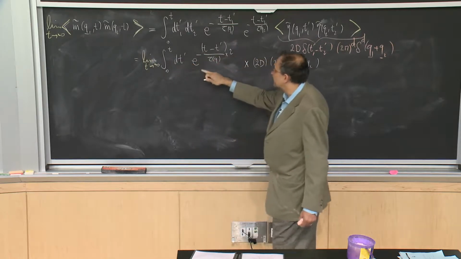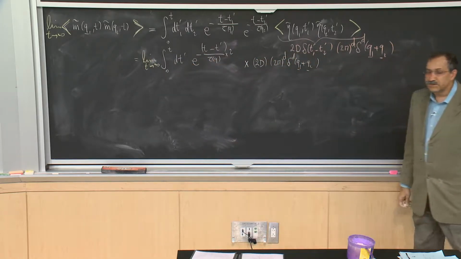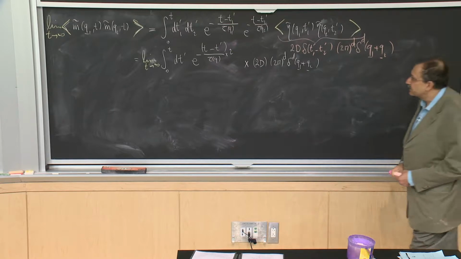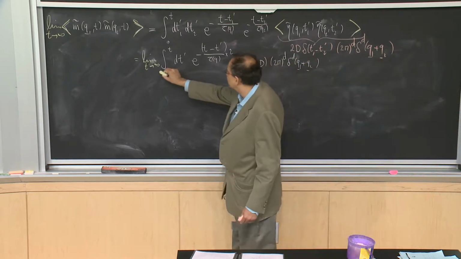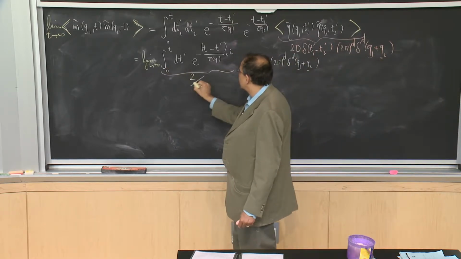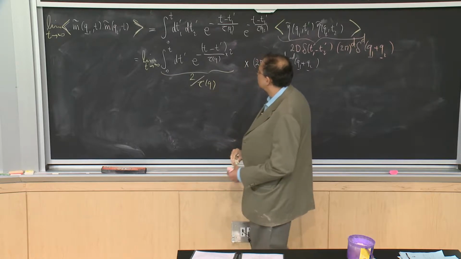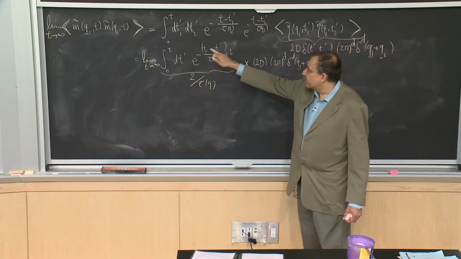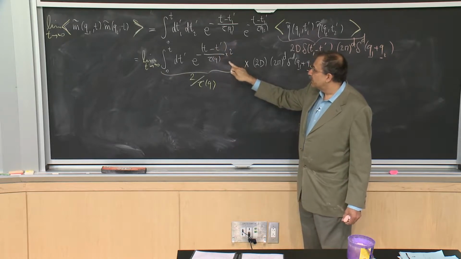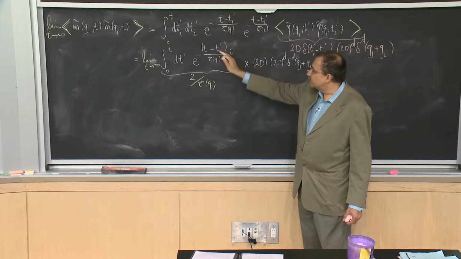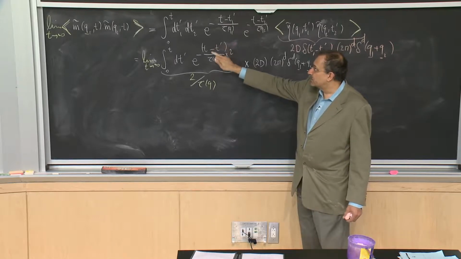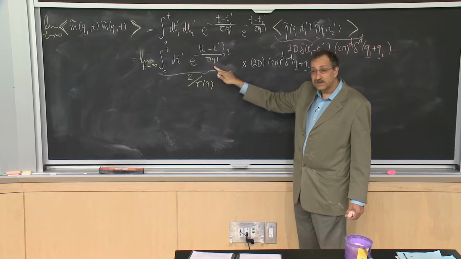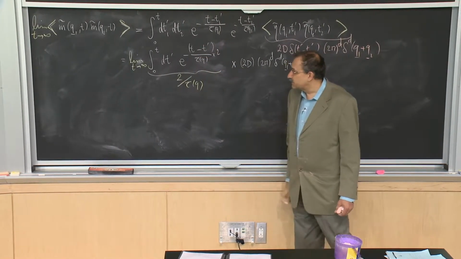As time goes to very large, this is just the integral from 0 to infinity, and the integral is going to give me 2 over tau of q. Essentially, you can see that integrating at the upper end will give me just 0. Integrating at the smaller end will be exponentially small as t goes to infinity. There's a factor of 2 over tau.